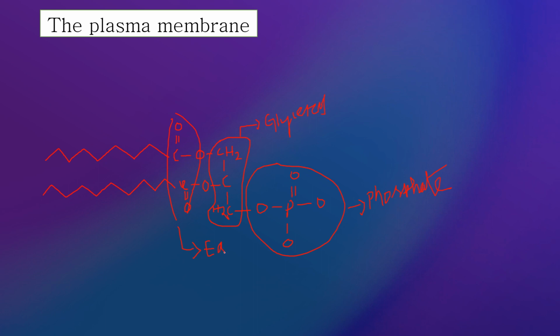Ester linkage. That is the plasma membrane structure of bacteria and eukarya.